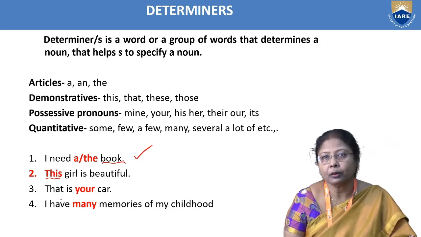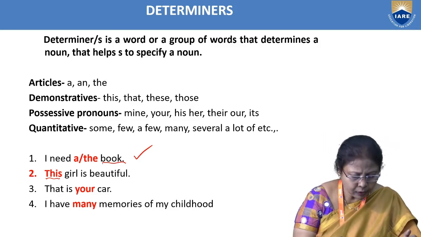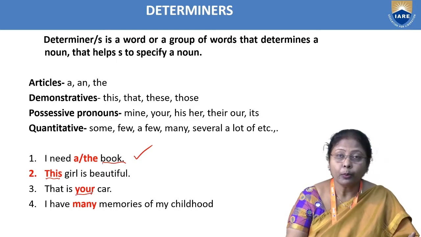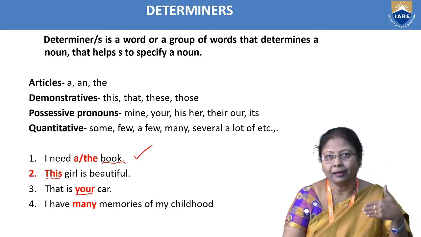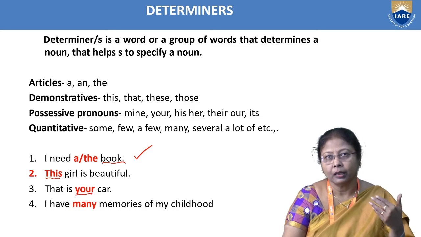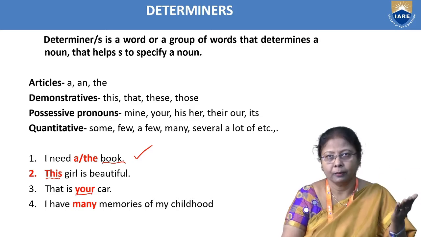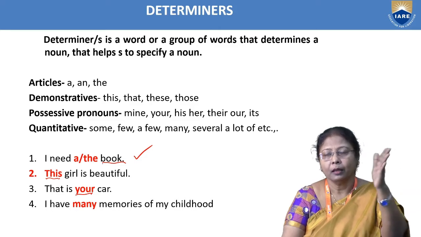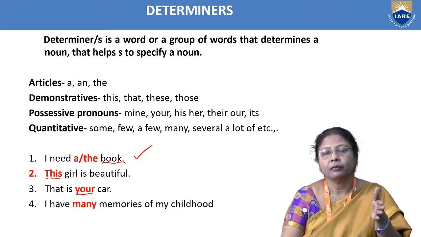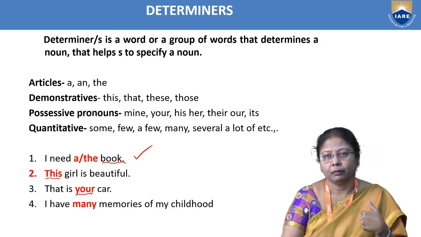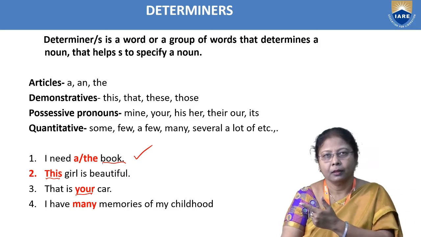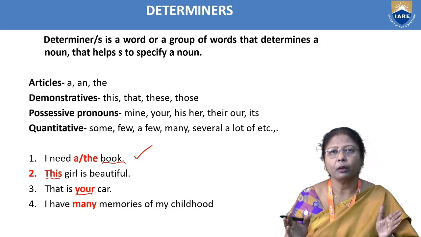That is your car. What is your here? What is the place of your? This is a possessive pronoun. Mine: this is mine. That is yours. This is his, hers. Those are theirs. These are ours. That is its. So all these are possessive pronouns.